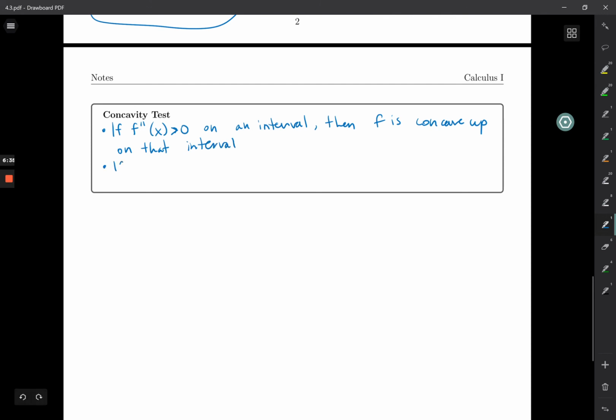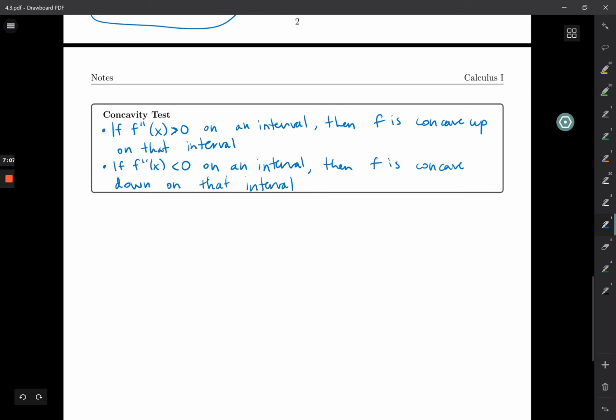And if f double prime, if the second derivative is less than 0 on an interval, then f is concave down on that interval.